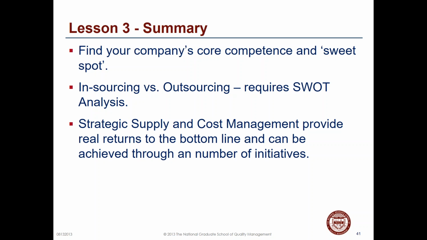And then strategic supply and cost management is going to provide the best return on any process within a large manufacturing organization, where 56% of every dollar of revenue goes towards your supply chain material. So any significant improvement in your supply chain is going to yield some significant financial savings and cost avoidance for your organization.